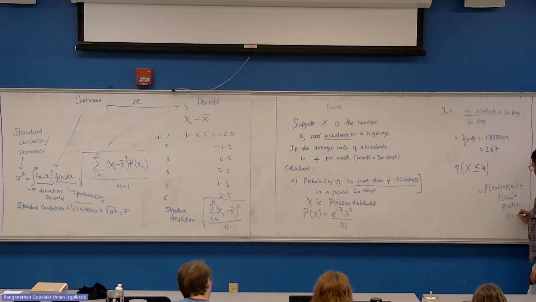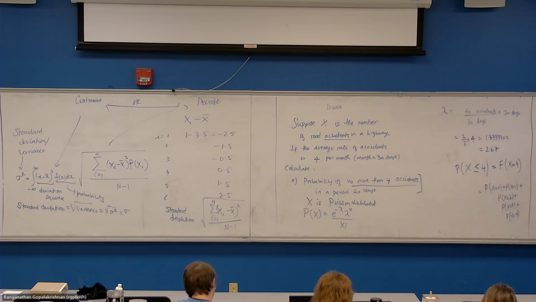All these are possible. So this is nothing but the cumulative probability of x equal to 4. What is the next step?